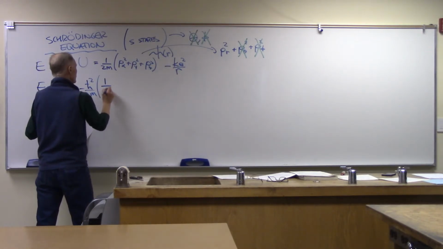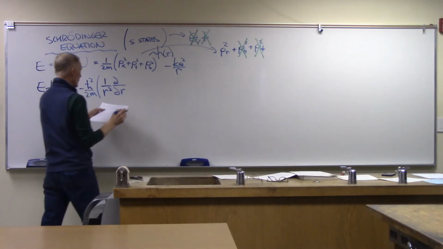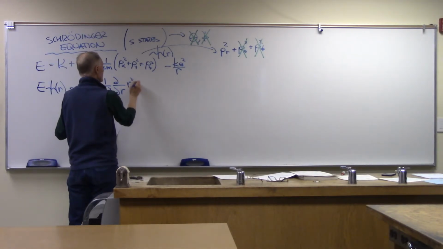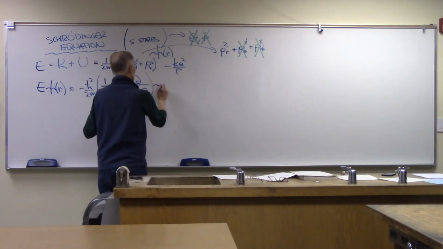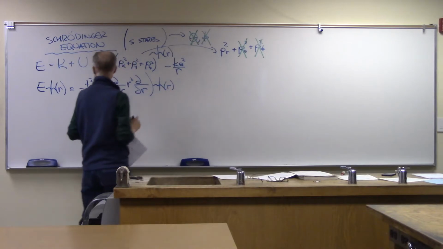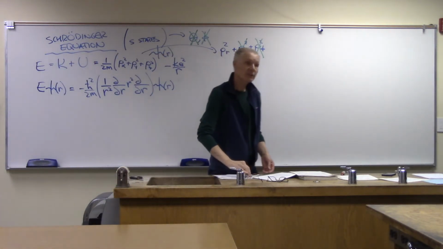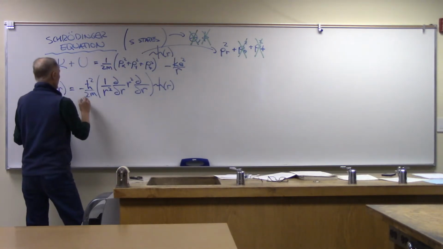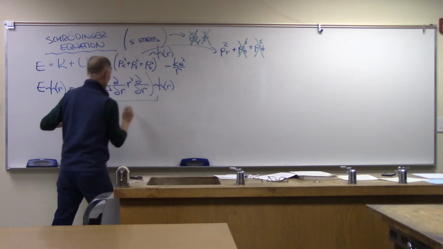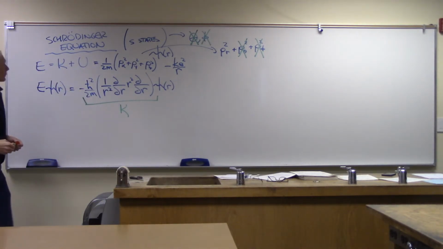So this is 1 over r squared, partial with respect to r, r squared, partial with respect to r, of the wave function. Okay, and this is kinetic energy. So this series of operations will keep track of the kinetic energy.